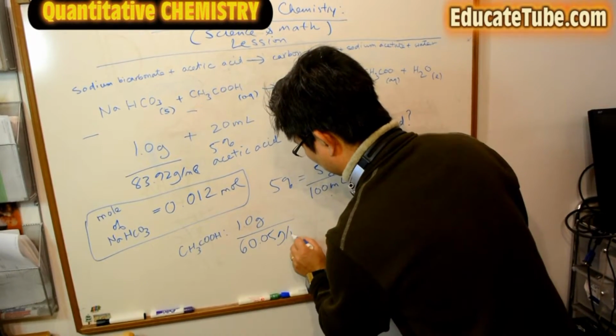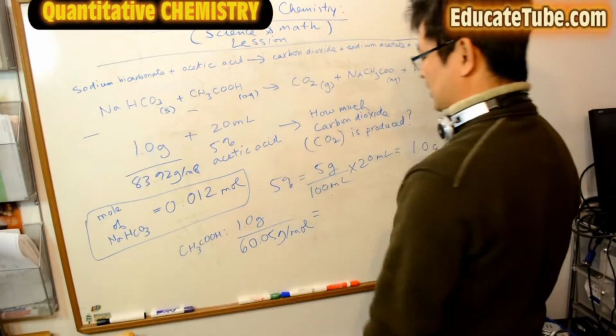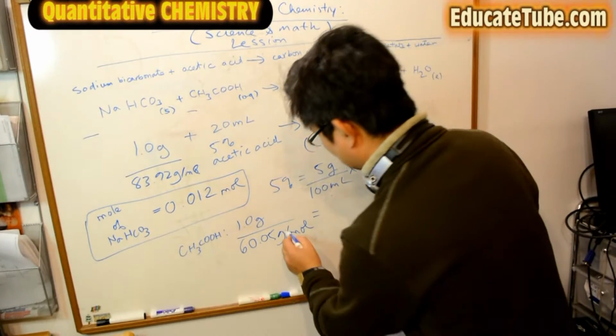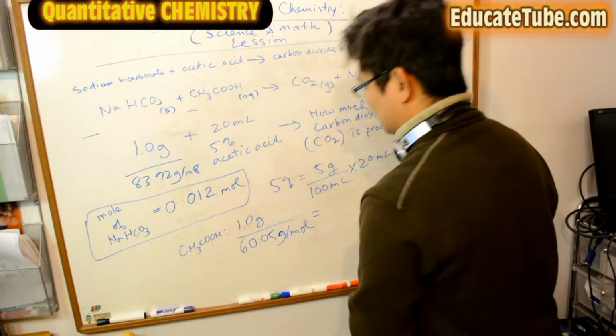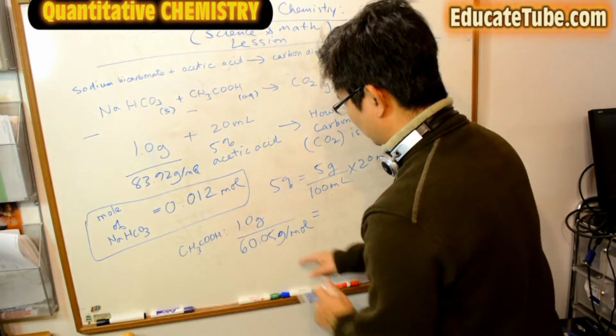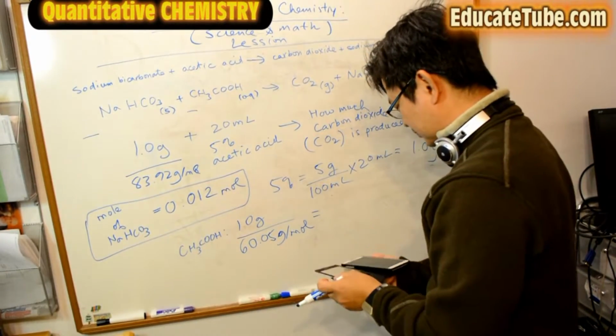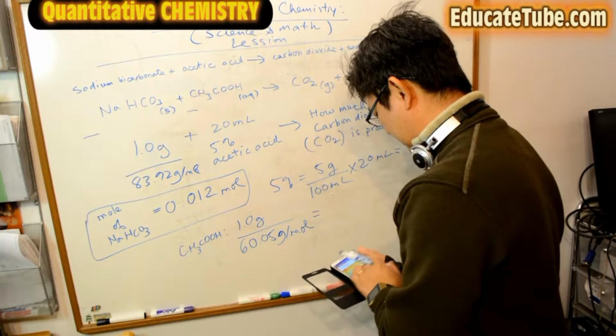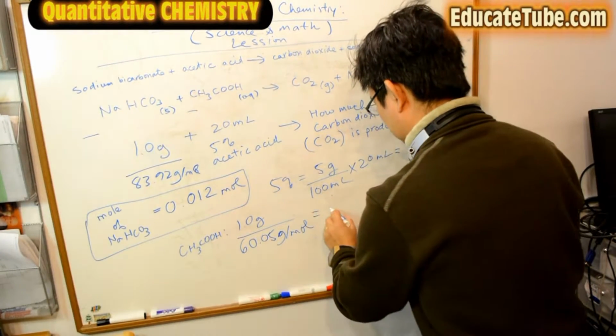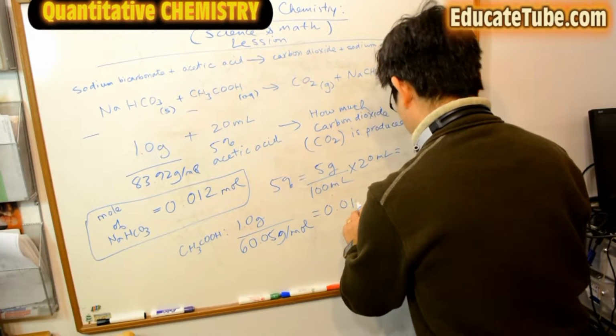So that is the molar mass for acetic acid, 60.05 grams per mole. So 1 gram divided by the molar mass of acetic acid, 60.05 grams per mole. And taking my calculator, I get 0.01665.